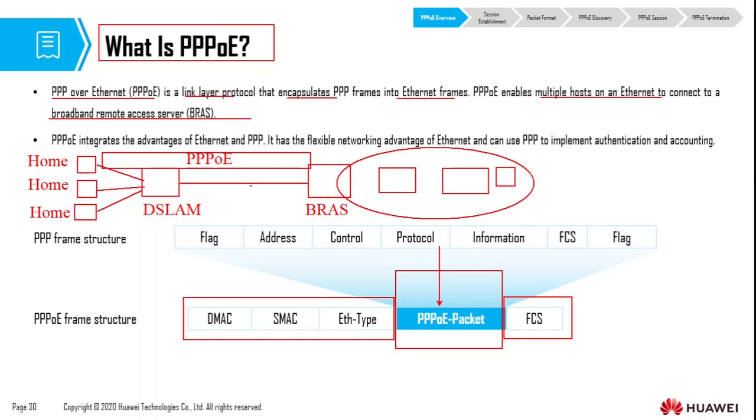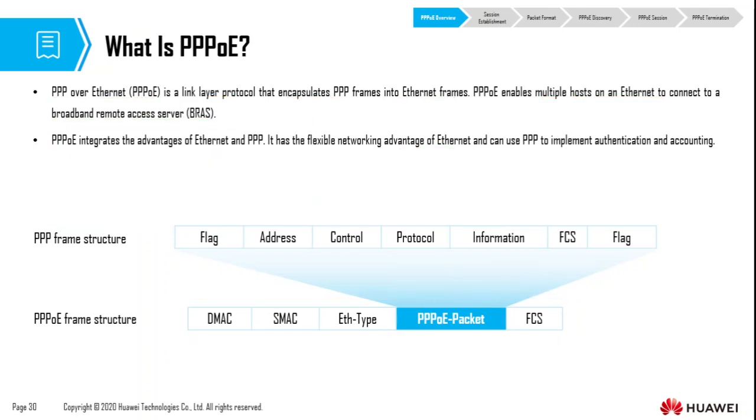Other than AAA, the BRAS is actually the one that is going to give you an IP address that you'll use to connect to the internet. And of course, that is done through PPP, as we are going to see shortly.